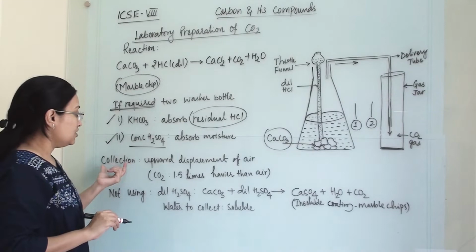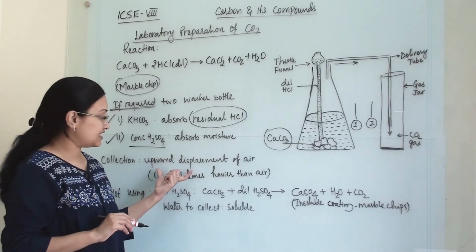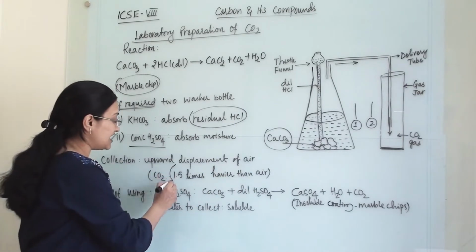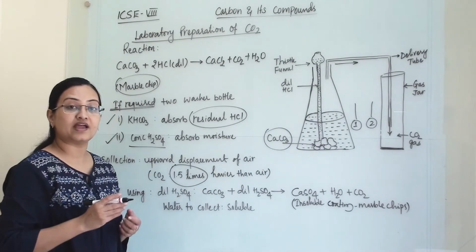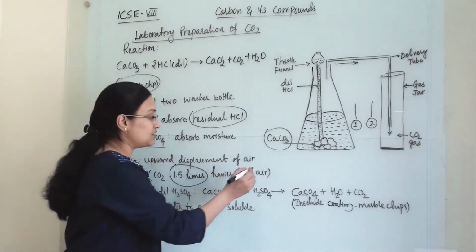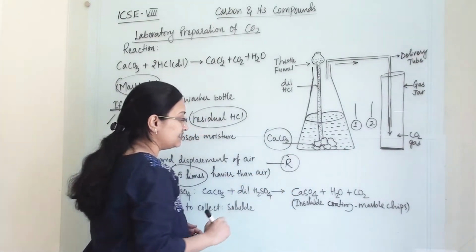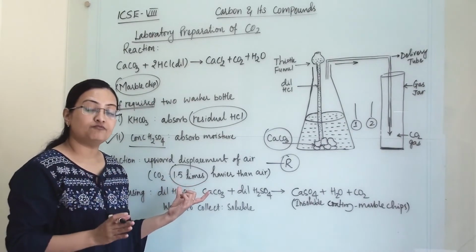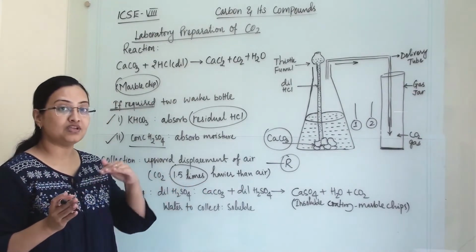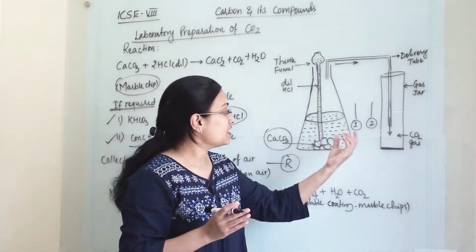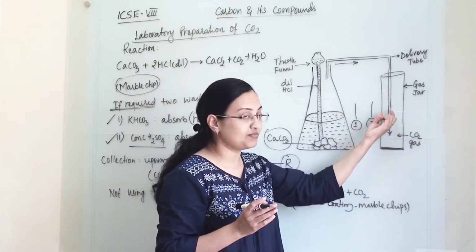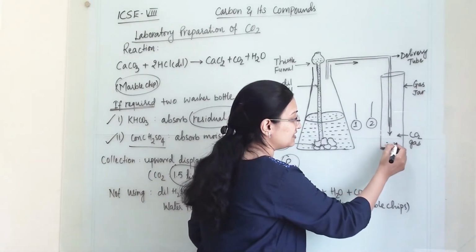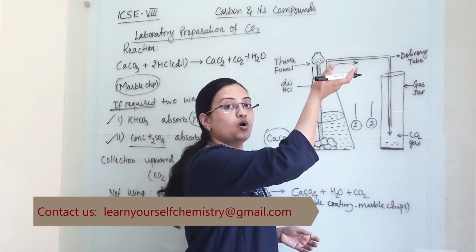Now collection. We are collecting carbon dioxide gas via upward displacement of air. Why? Because carbon dioxide gas is 1.5 times heavier than air. So this can be asked in a reason question: why is carbon dioxide gas collected by upward displacement of air? What is the meaning of upward displacement of air? Once the carbon dioxide gas is coming from this delivery tube, it will remain here, and that much air will go upward.